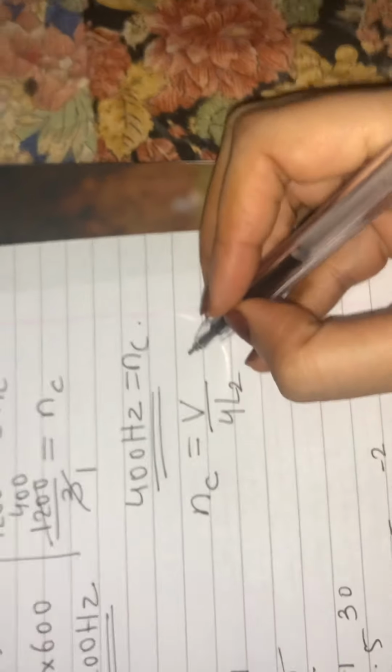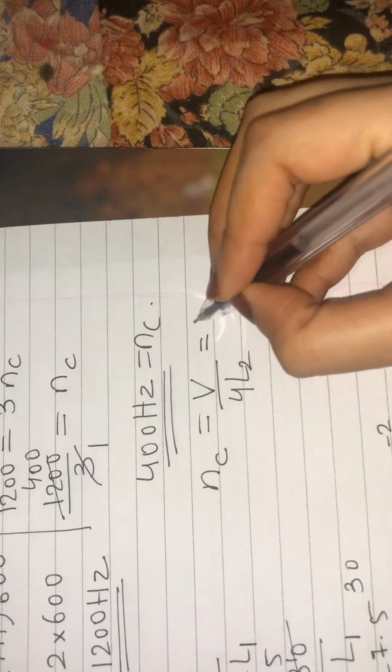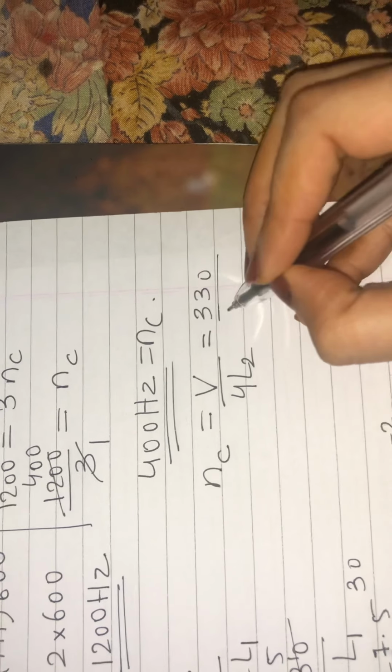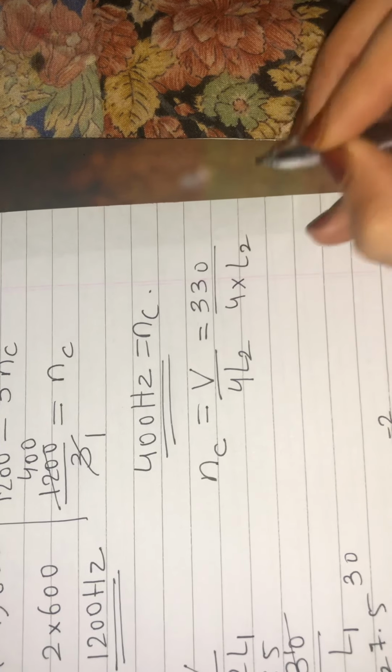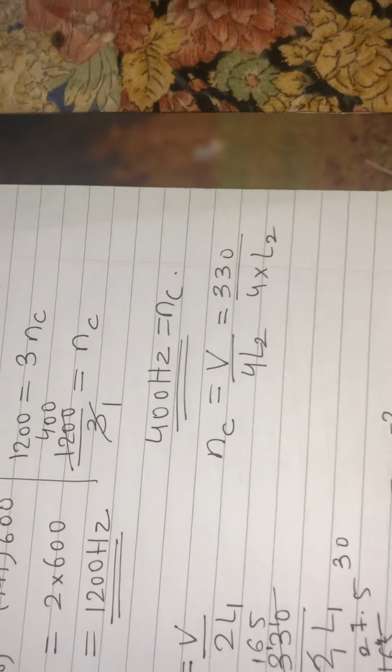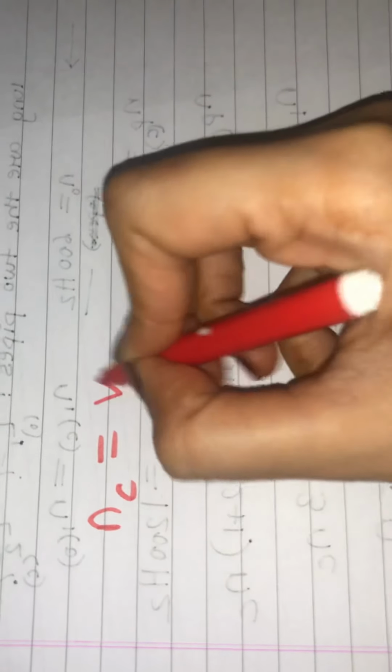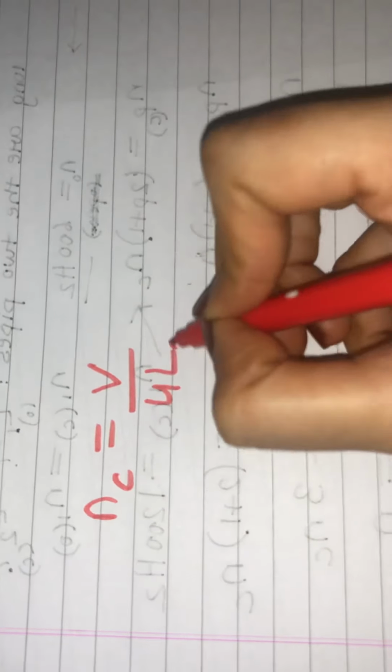Now let's find out the length of the closed pipe. V is 330 upon 4 into L2. So I'll write it back side. For closed pipe it is V upon 4 L2.